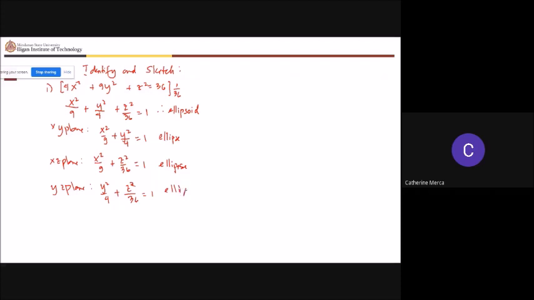So, we're going to sketch that. Let's sketch this. Draw the x-axis, your y-axis, and this is your z-axis. So you have x plus or minus 3: 1, 2, 3.